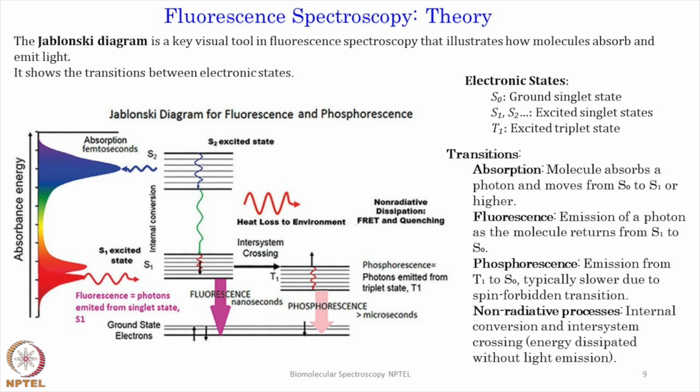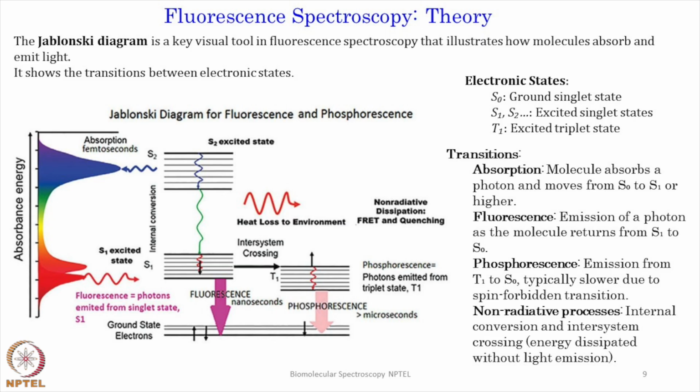So, absorption is from S0 to S1 and S2, emission happening in fluorescence is from S1 to S0, and phosphorescence emission happens from T1 to S0, typically slower because of spin forbidden transition, right.